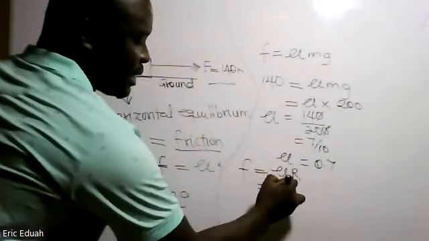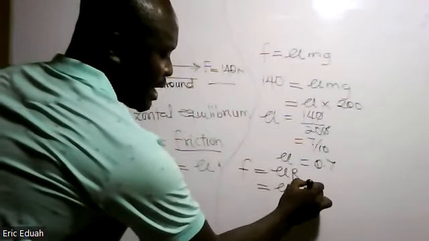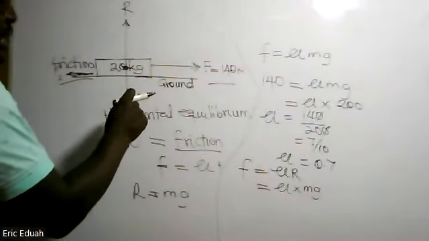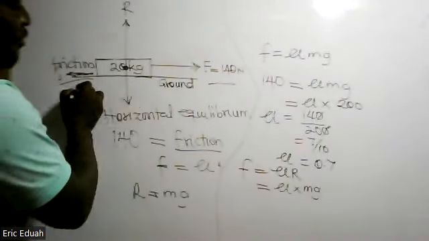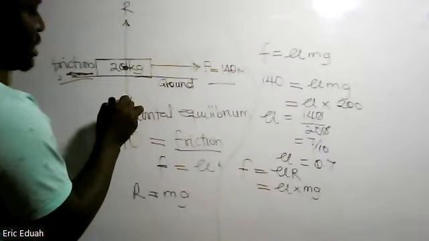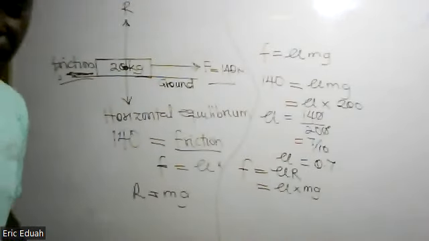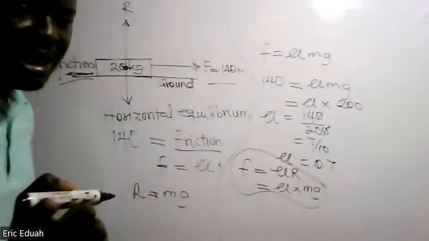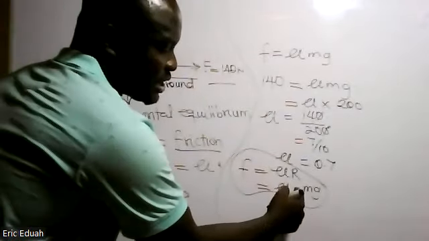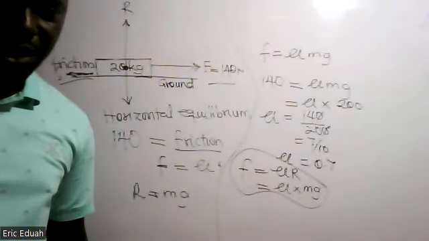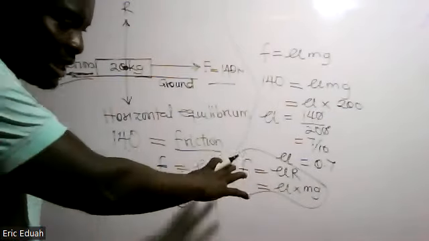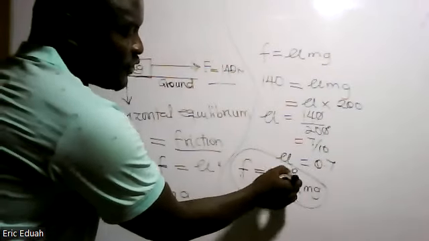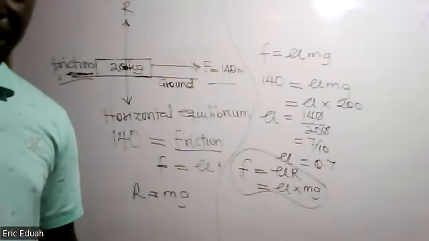So we could still write it as mu times mass times gravity, because for a body that is lying flat on the ground, the weight is equal to the reaction. So this is for this context or situation. In some other situation, we'll have a different expression for the reactional force. Is that okay? So you take this for now, but frictional force is given by the coefficient of friction times the reaction.